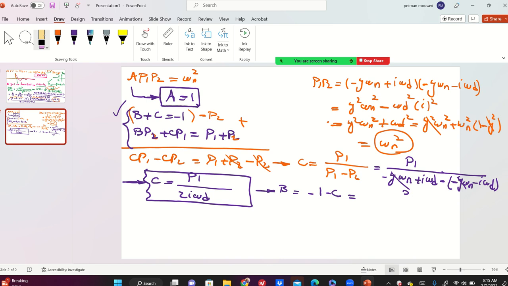See here, guys, I'm gonna put this here for simplicity. See here, this minus 1 minus C. So minus 1 minus P1 over P1 minus P2.